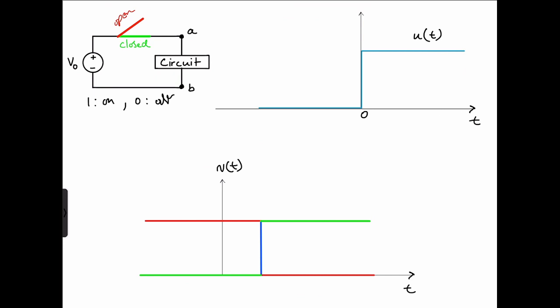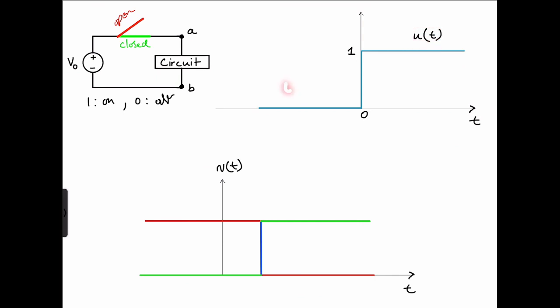So the unit step function is a step of 1 unit, so it should be 1. Also, it's important to note that we have time, and the unit step function is a function of time.